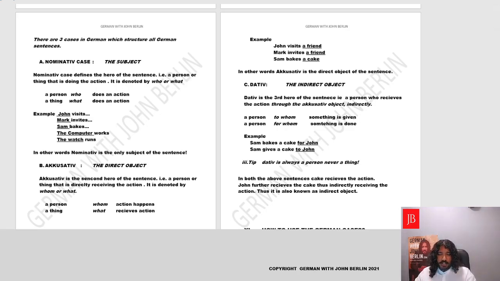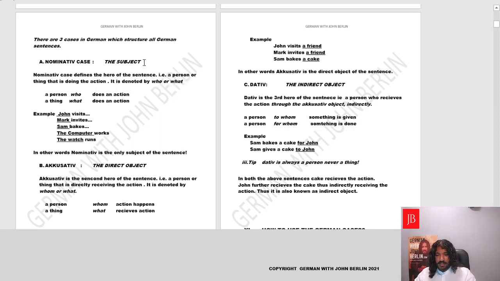So the first case we have in German is called nominative case. Yes, it stands for the subject, the person doing the action. In other words, you could call the hero of the sentence the person who's carrying the action. Yes, so it is denoted by the reference question, which you need to remember: who or what.